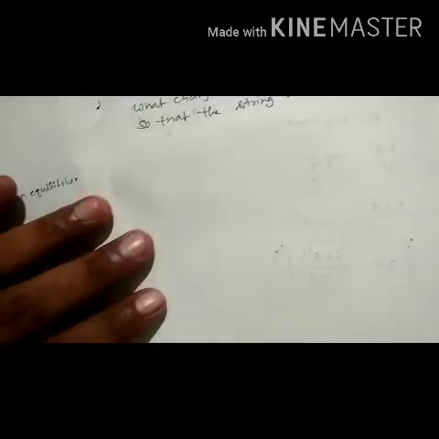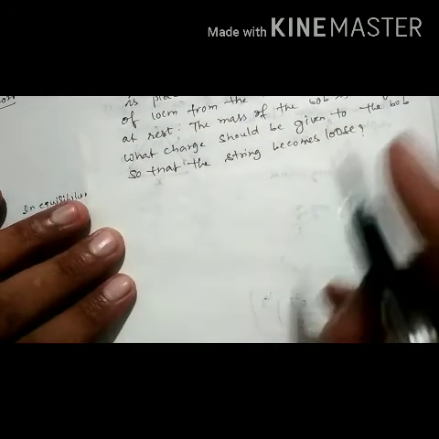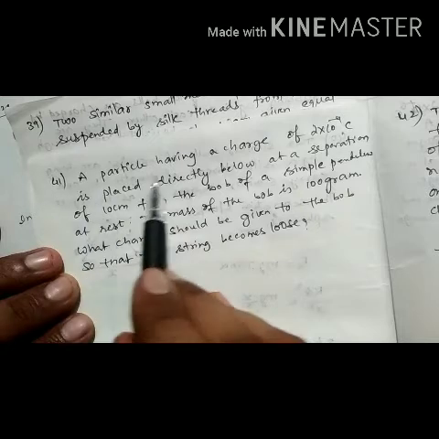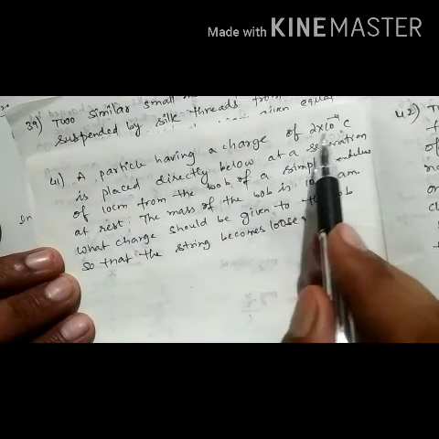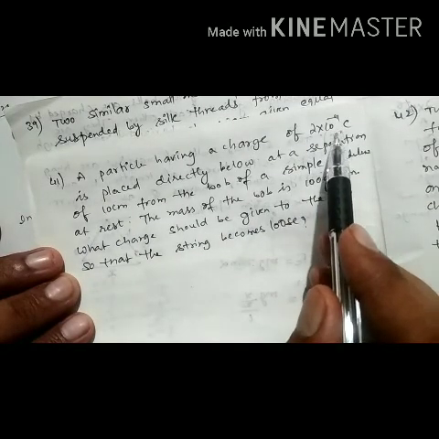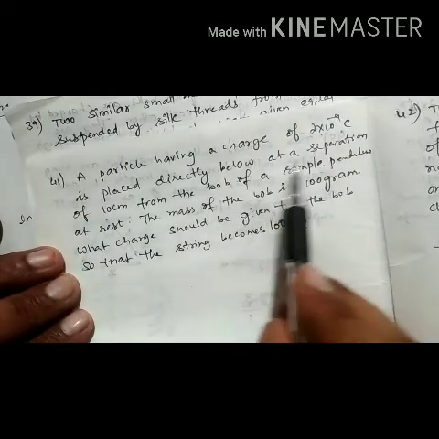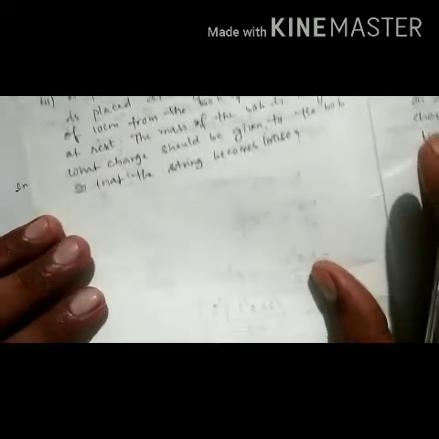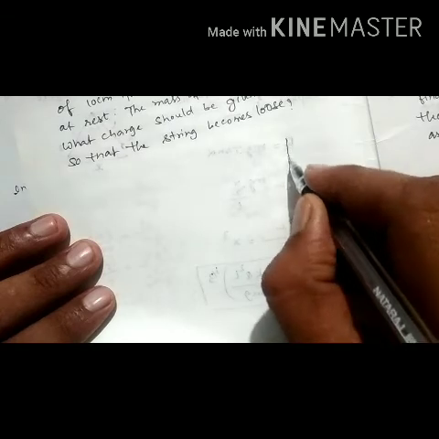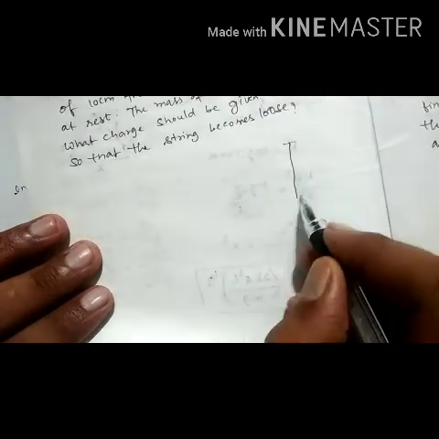One more problem remains, that is 41. A particle having a charge of 2 into 10 to the power of minus 4, I think, is placed directly below at a separation of 10 centimeters. I will draw the diagram. This is a bob, which means it is a simple pendulum.